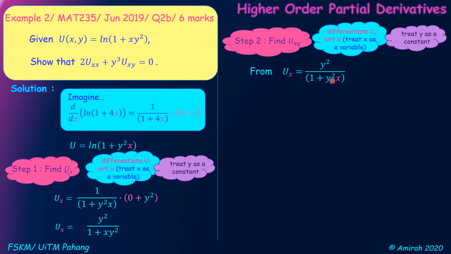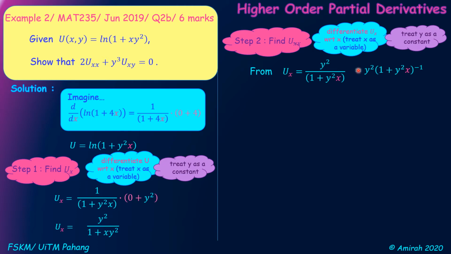Okay? And then from here, we have a division function. But we only have variable x in the denominator. So that means we do not need to use the quotient rule. But we can move the term containing variable x up. When we move it up, we get the bracket to the power of negative 1 using the properties of indices.